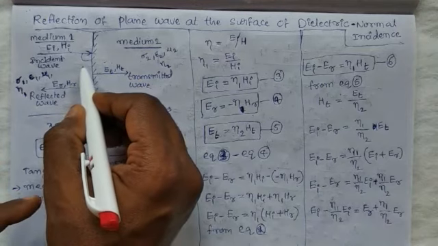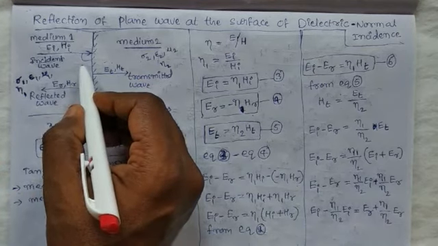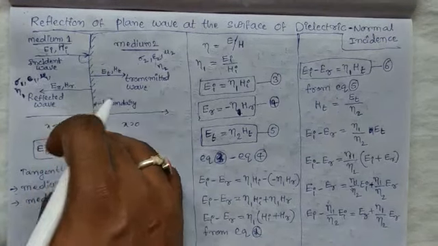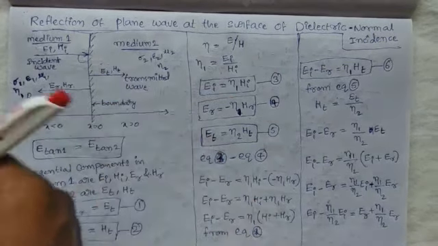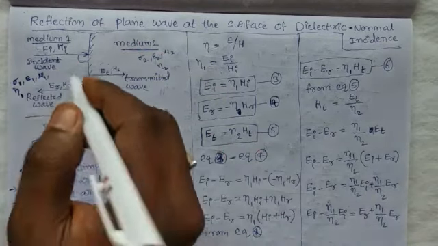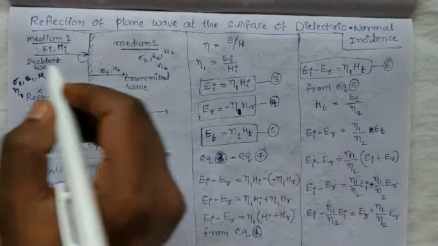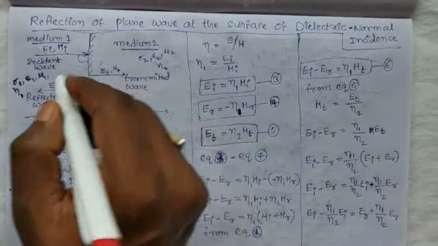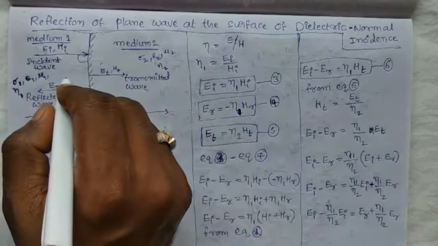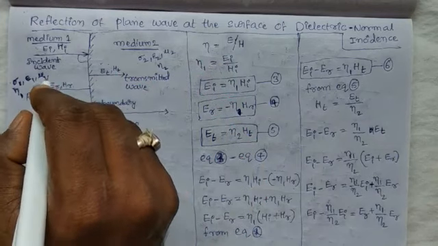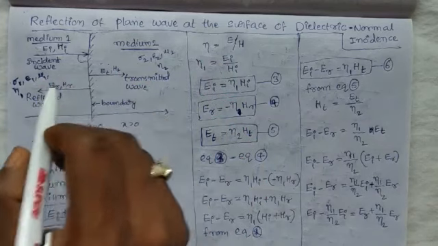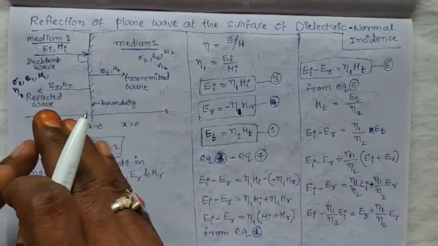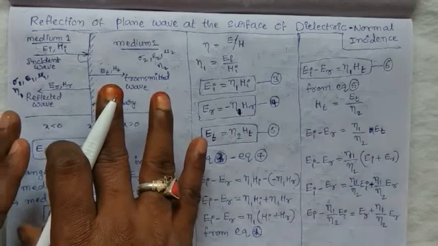This incidence is called normal incidence. If the wave is incident at some angle with the normal to the boundary, that incidence is called oblique incidence. Here we are observing normal incidence.